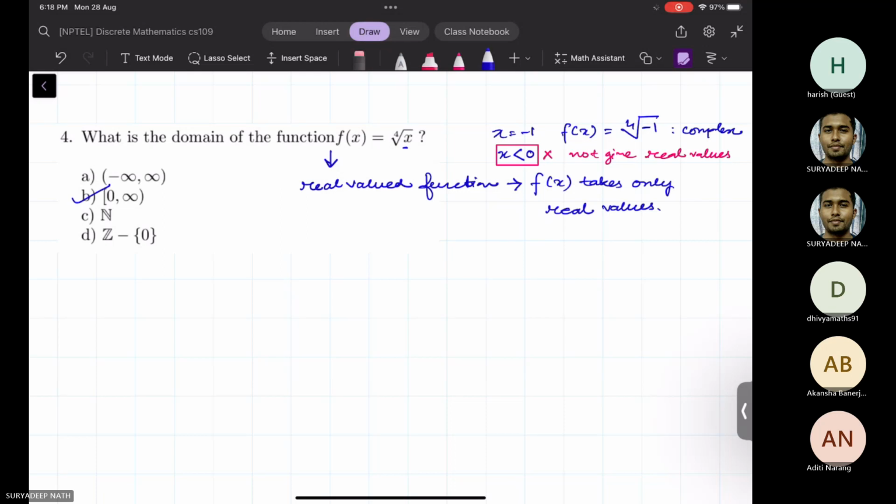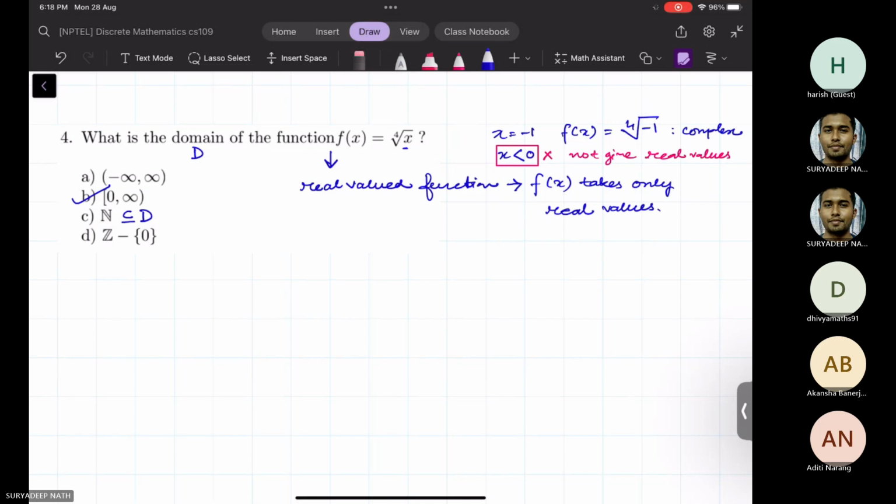So why not natural numbers? Natural numbers N is a subset of the domain, it is not the exact domain. If we call this domain D, then N will lie in the subset of D. So D is your entire non-negative axis, and N is a subset but not the entire domain.